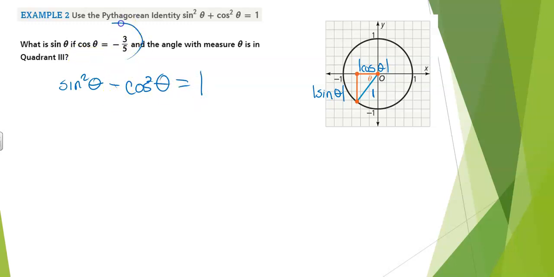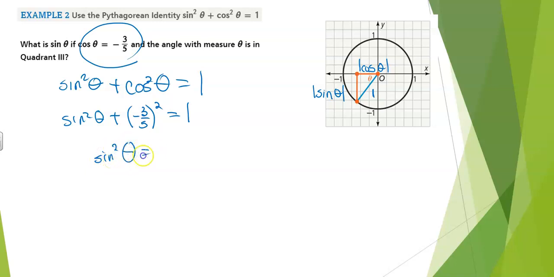You know cosine of theta is negative 3/5. Doesn't matter if I use positive or negative here, because once I square it, the negative goes away. So the sine squared of theta would be 1 minus 9/25. And I know how much we love fractions, but this is the same thing as 25/25, right?